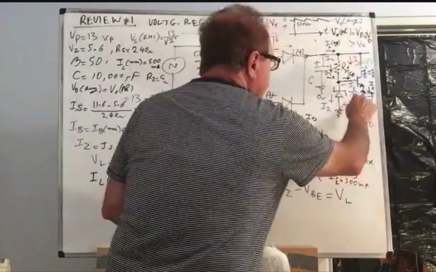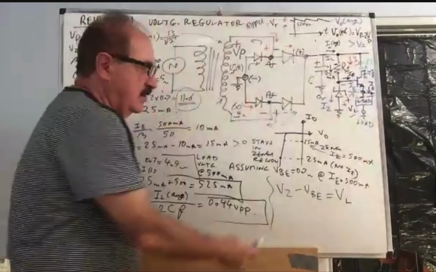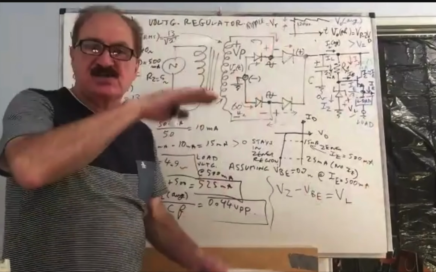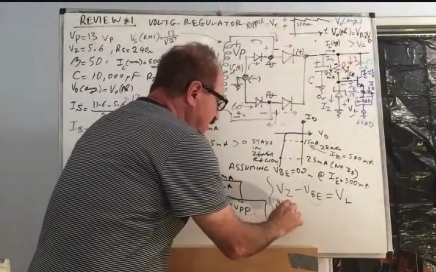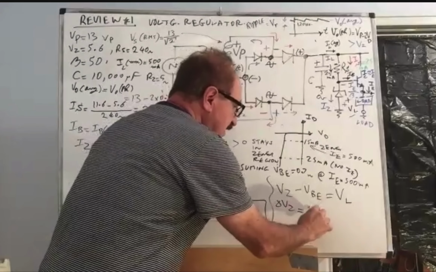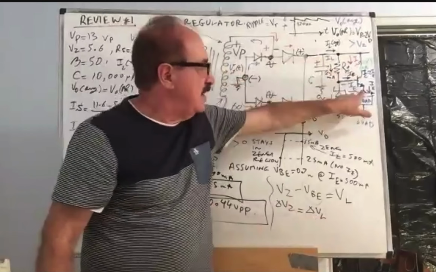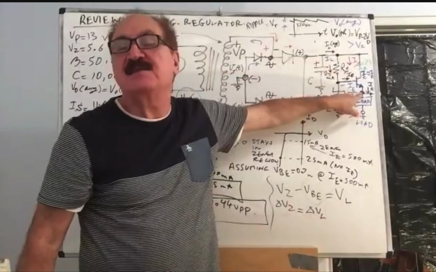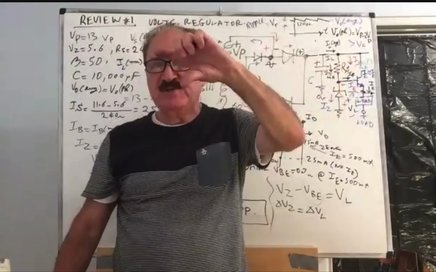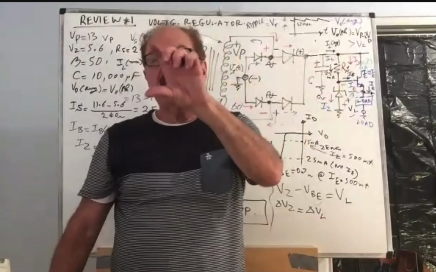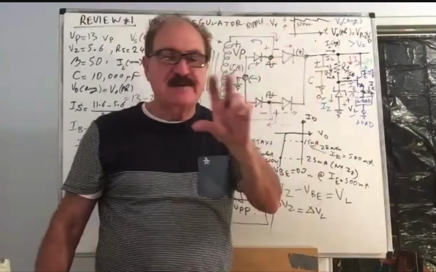VL is this voltage here. If VBE can be assumed to be constant during this ripple fluctuation, then delta VZ is the same as delta VL. In other words, ripple at the Zener is going to be identical to ripple at the emitter. The offset is fixed. You're drawing 500 milliamp, it's a fixed 0.7, okay? So if the base fluctuates a little, then the load voltage fluctuates with it, exactly identical.